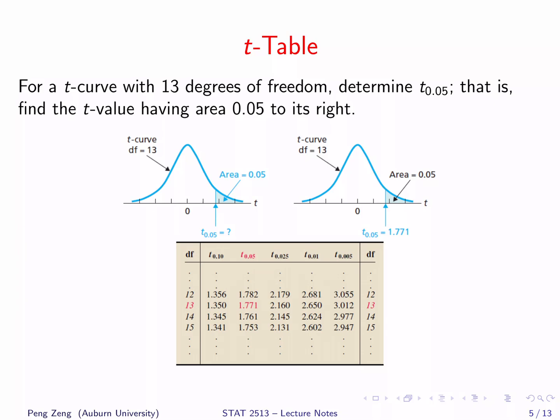To get t.05 with 13 degrees of freedom, we need to look for the row corresponding to 13 and the column corresponding to 0.05. The value is 1.771. Therefore, t.05 equals 1.771. The area larger than 1.771 is 0.05.